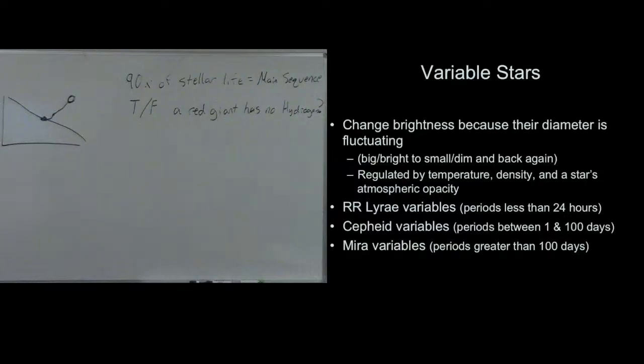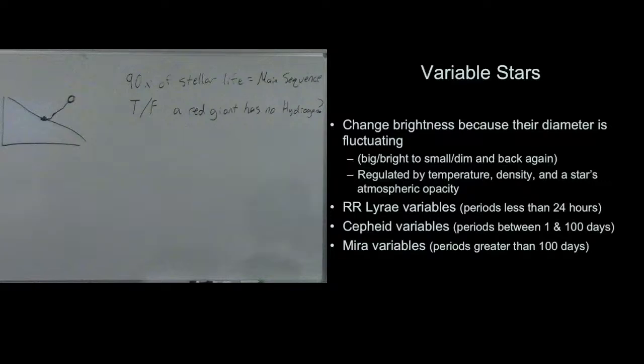This oscillation between gas pressure and gravity can cause a red giant star to be what we call a variable star. It will get larger, it will get smaller, and that will result in it appearing brighter and dimmer over time. All of this is regulated by the interior temperature, the density, and what we call the opacity of a star's atmosphere, the ability of photons to move freely or less freely through the atmosphere.